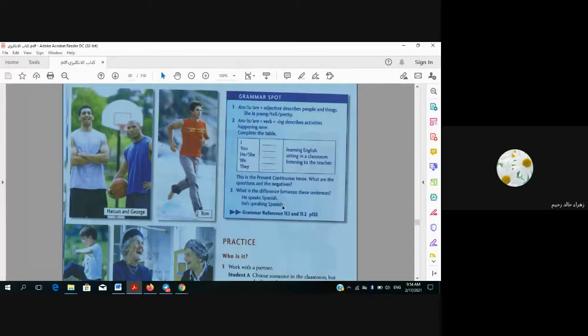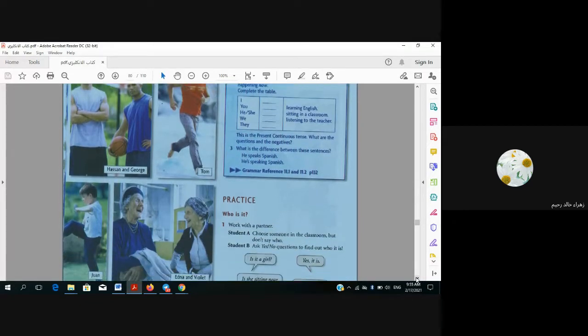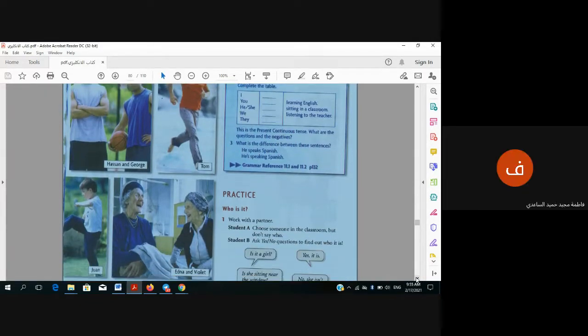But in the present continuous we are describing activities which is happening now. نصف أشياء دا تحدث الآن أو فعاليات دا تصير هسه. This is the difference. طلاب فهمتوه؟ نعم ست واضح. نعم نعم.